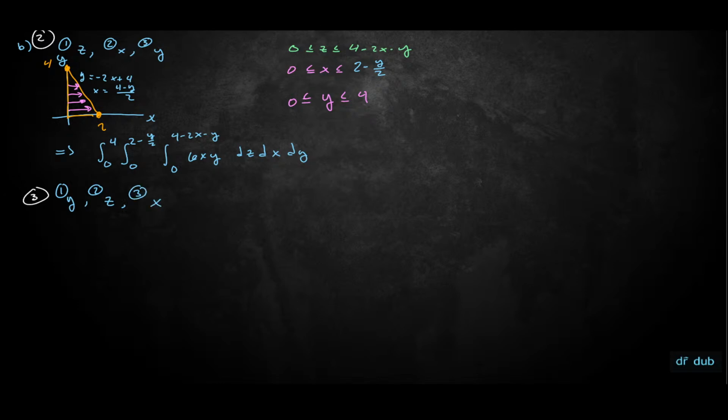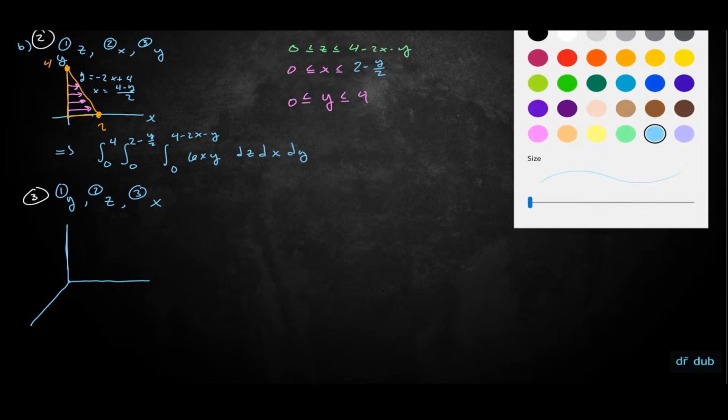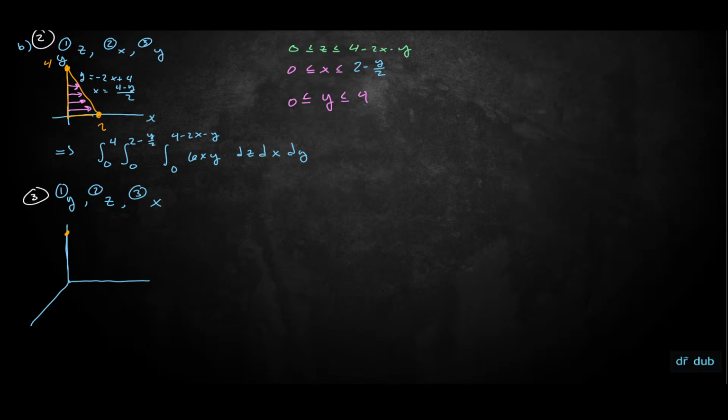Okay, so let's go back to the original 3D image. And our tetrahedron looked a lot like this.